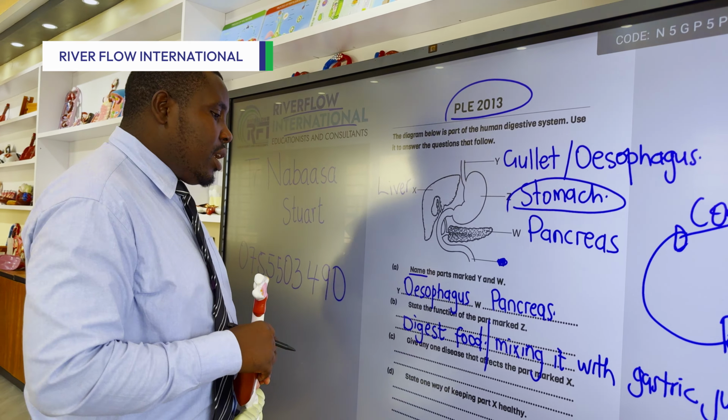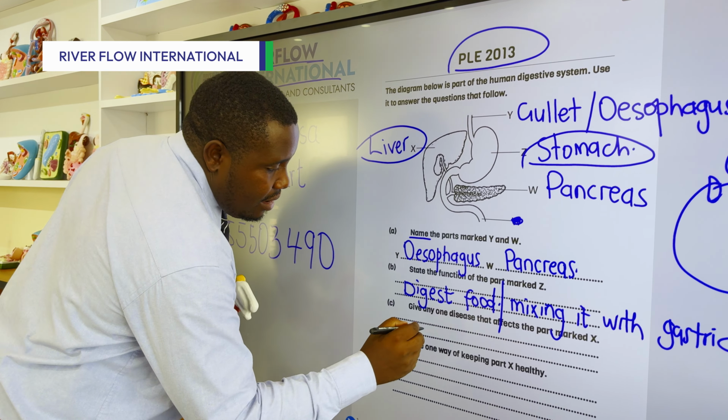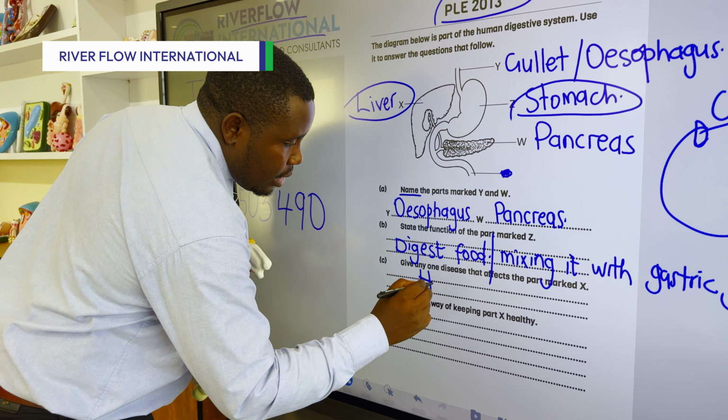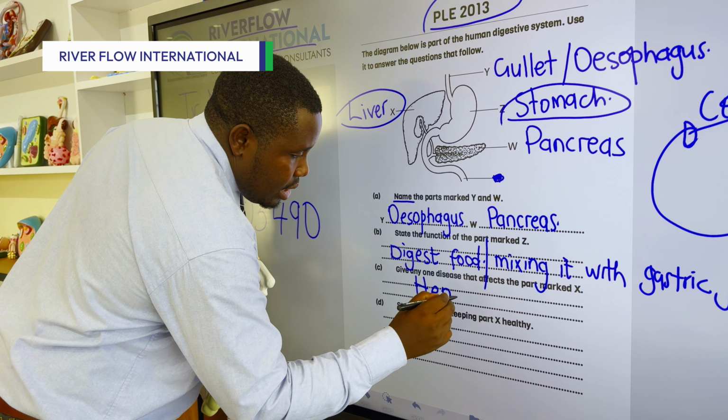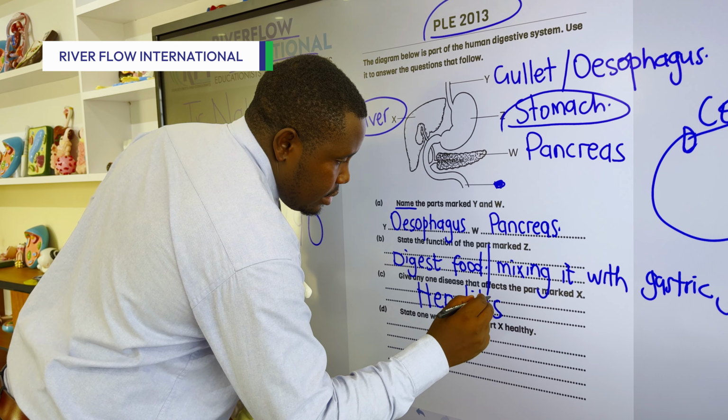The one disease that affects part marked X, and of course X is the liver, and the common disease that affects the liver is hepatitis.